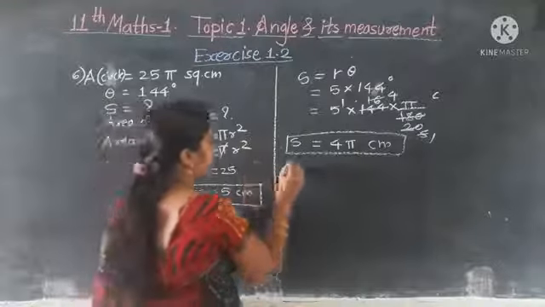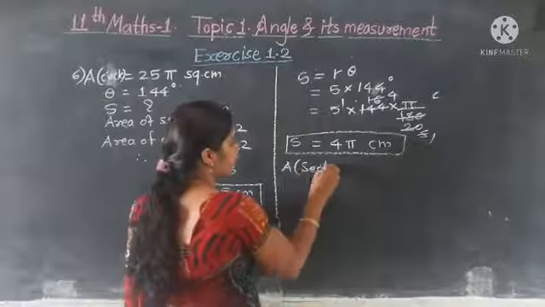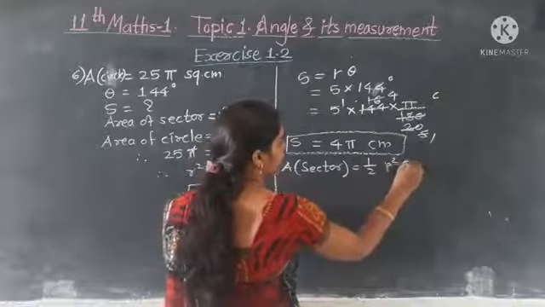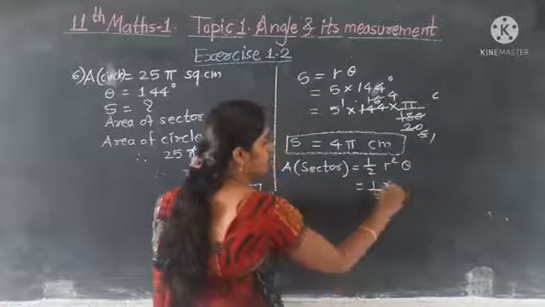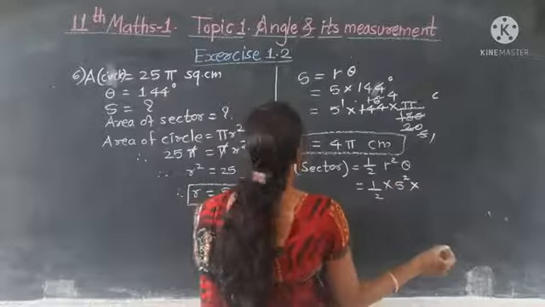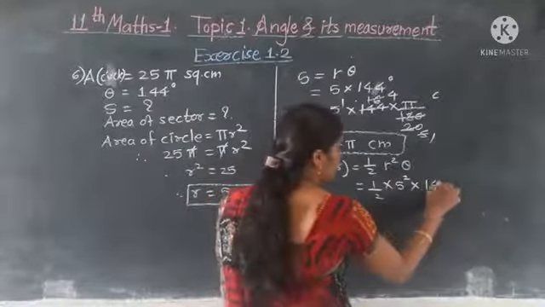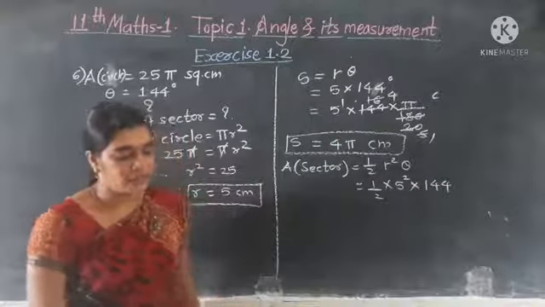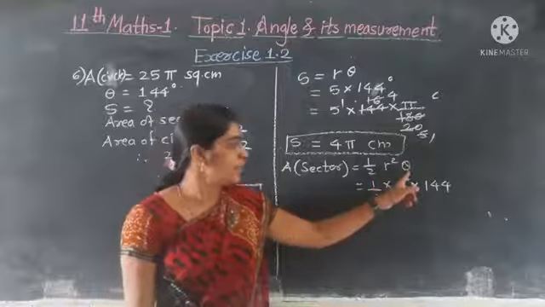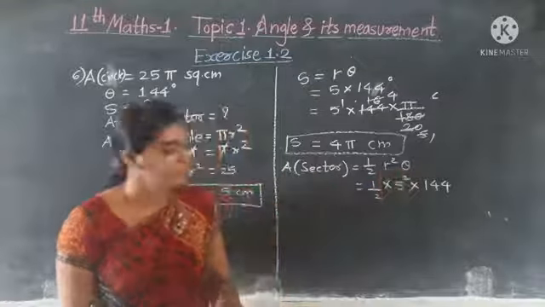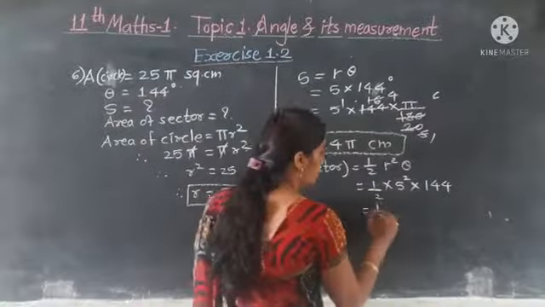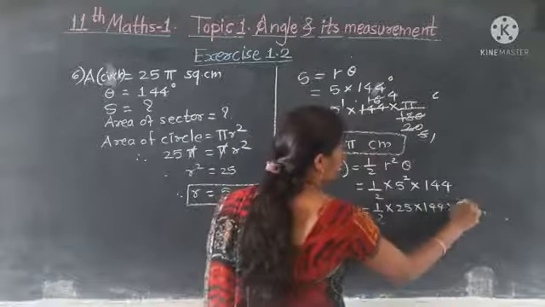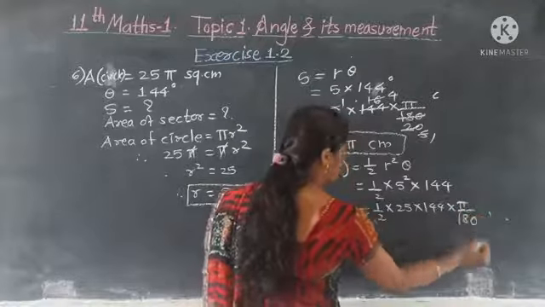Now we want the area of the sector. Area of sector, what is the formula? Half r square theta. Half into r square means 5 square into theta. Theta is given 144. Okay. So here again r square theta. We convert this: 1 upon 2 into 5 square, 25, into 144 into pi by 180.